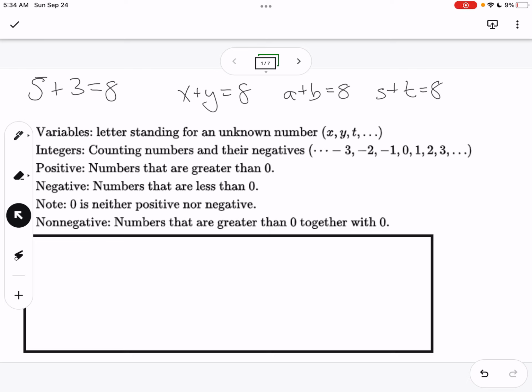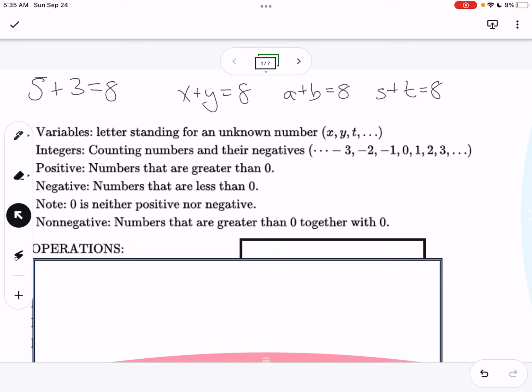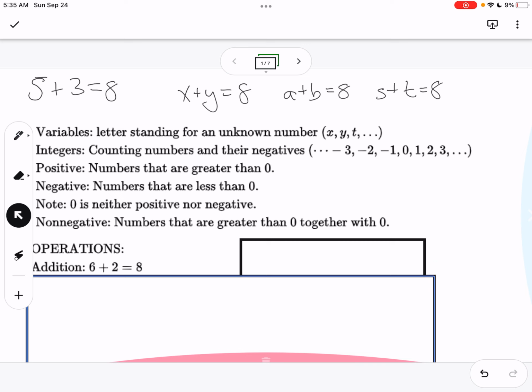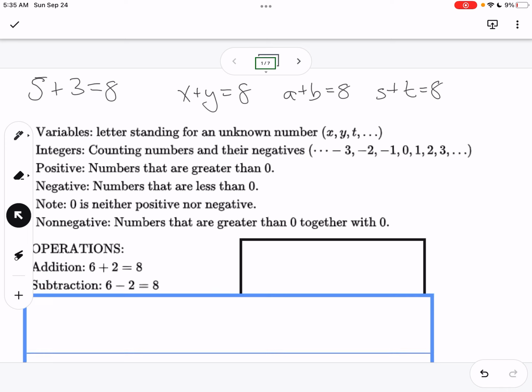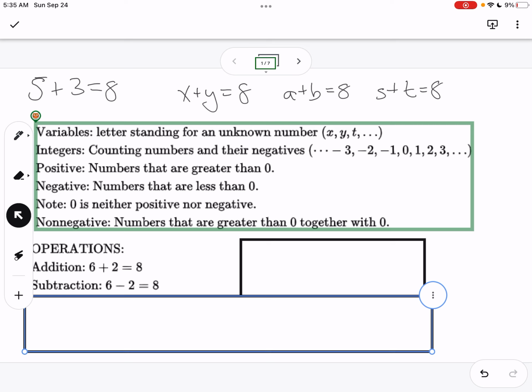So now that we have our numbers, we can do things with them. So we have the standard operations. We can add: 6 plus 2 equals 8. We can subtract: 6 minus 2 equals 4.